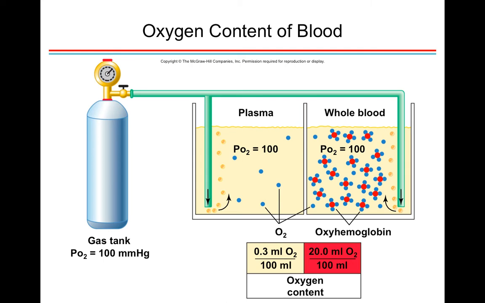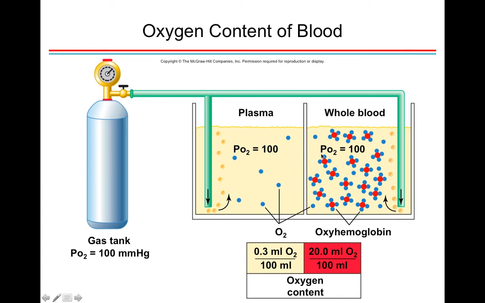So the point is that the majority of oxygen in blood is carried by hemoglobin, and a very small minority is found in plasma, which is free-floating oxygen molecules. The majority, again, is attached to hemoglobin. And the interesting thing is, if you were to take all the red blood cells out of here and measure the pressure of oxygen in both of these compartments, it would still give you a pressure of 100 millimeters mercury.